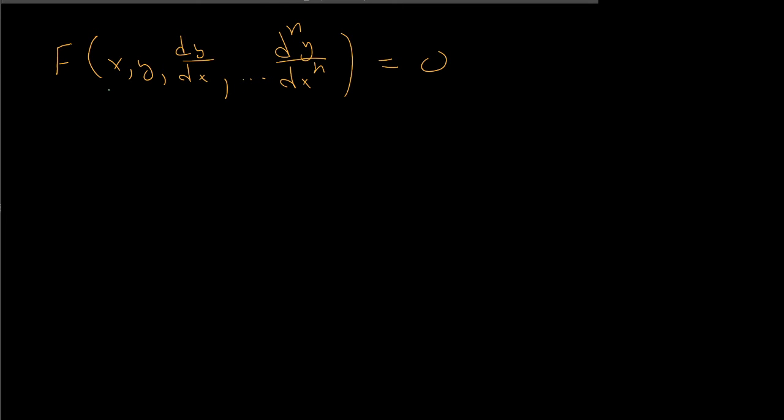And so we have some function and all of the variables we can put into it, which is our unknown function and its derivatives, equal to 0. And the thing to know is n, where the highest derivative is called its order.